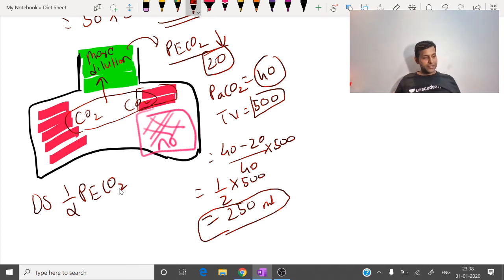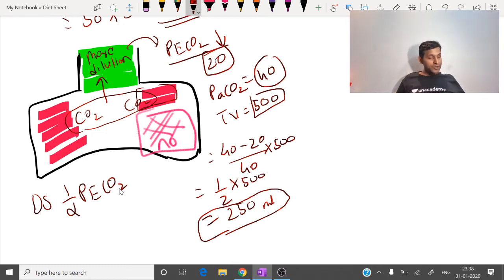Now what is the advantage here? Once you know that the dead space of a person has increased, if you are going to give anesthesia to this person, you should know that out of the dosage you are going to give, 250 ml of that dosage, or 50% of the dosage, is not going to be added to the blood, because that amount of dead space is not going to exchange anything in the blood.